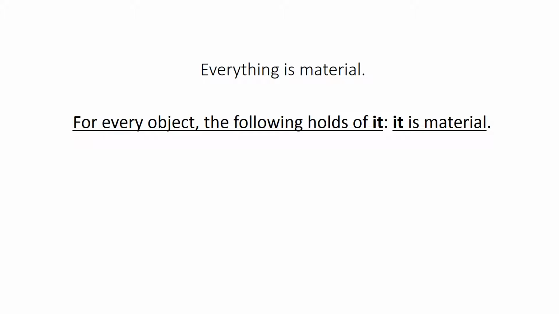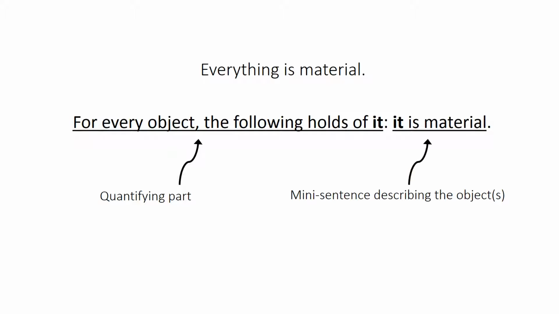Notice this long-winded rephrasing comes in two parts. The left part is a quantifying part, saying that what I'm about to say applies to every object. The other part is the describing part. Here's what I'm about to say of that object, or objects in this case, that it is material.